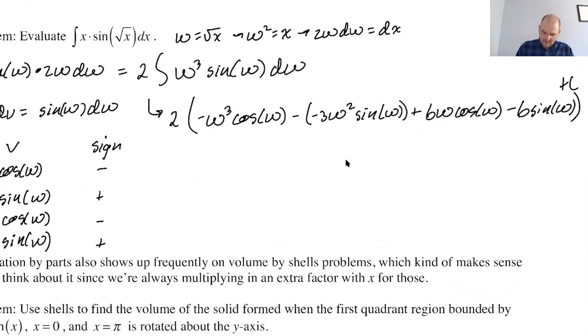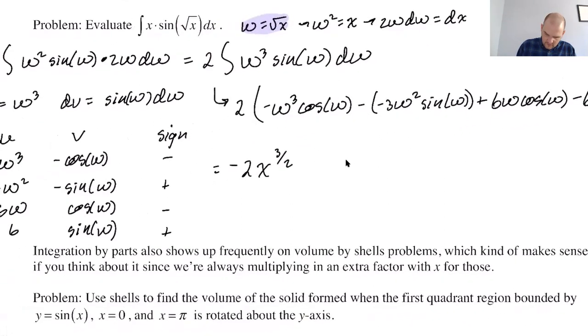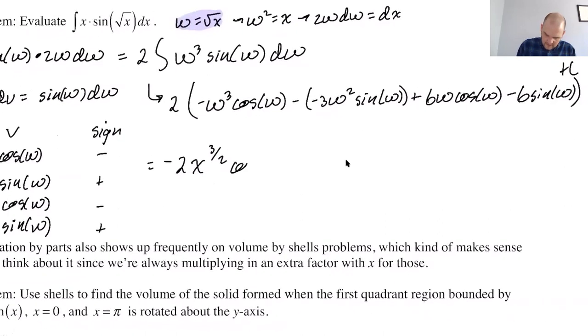So remember, w is actually the square root of x. So I'm going to use rational exponents. I'm thinking w is x to the 1/2. So I'm going to get negative 2 x to the 1/2 cubed, so x to the 3/2, cosine of x to the 1/2.